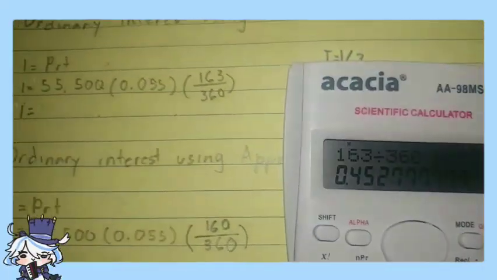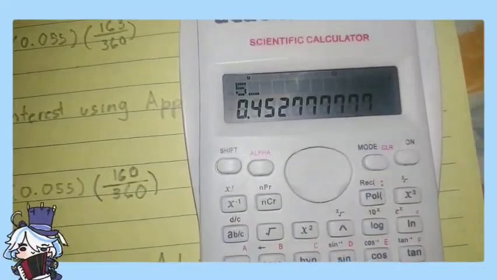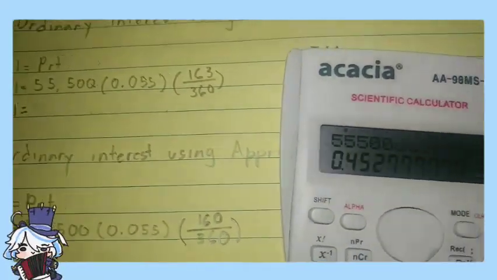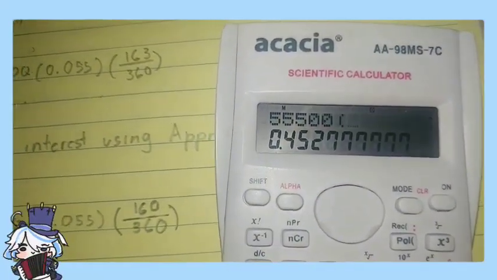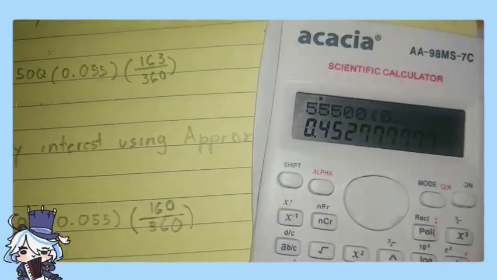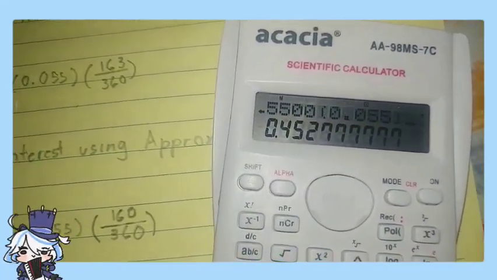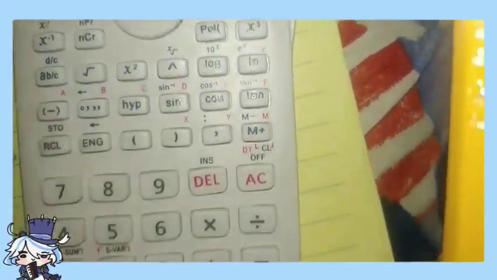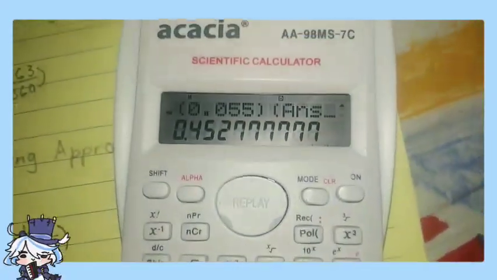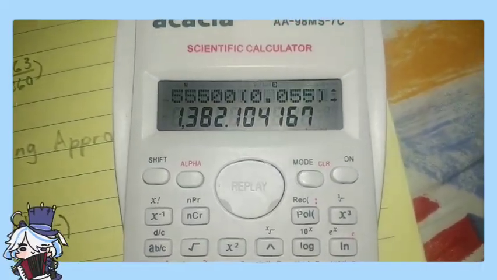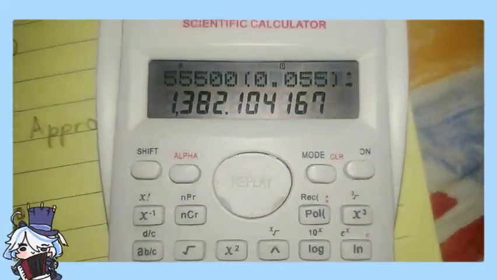Quickly press 55500, open parenthesis, 0.055, close parenthesis, open parenthesis, and press answer, and close parenthesis and equals. There, that's the answer.